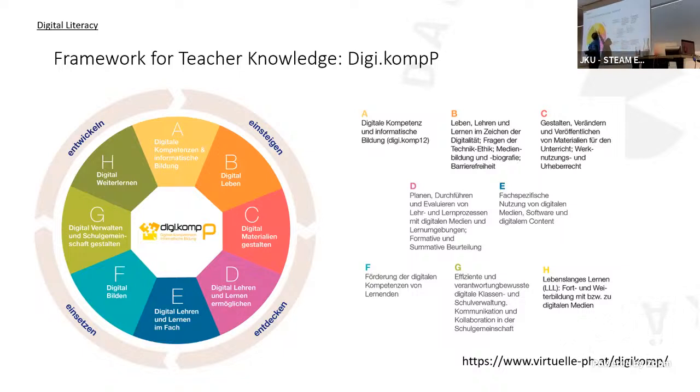You begin at school here, and when you are at university, the pre-service teacher training is about B, C, D, E, F, maybe G. And if you are a professional teacher at school, you can reach H. This is another framework, and it defines what the different levels are.